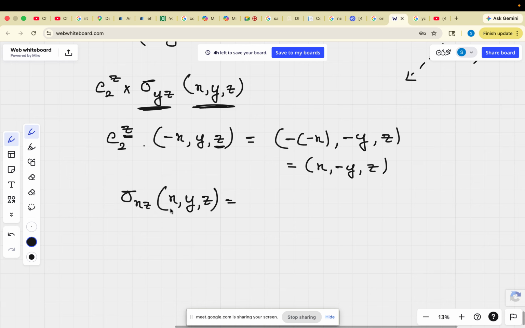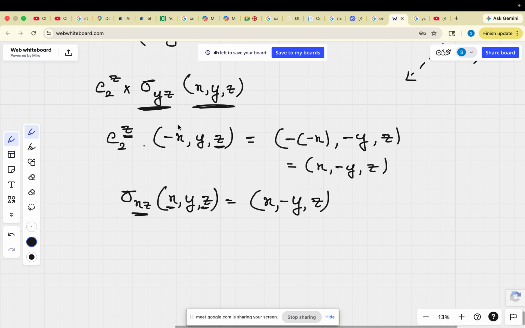So x and z will not change. In y you have to give a minus symbol, so x comma minus y comma z. Okay, that will be your answer. Like that you have to do the symmetry operations.